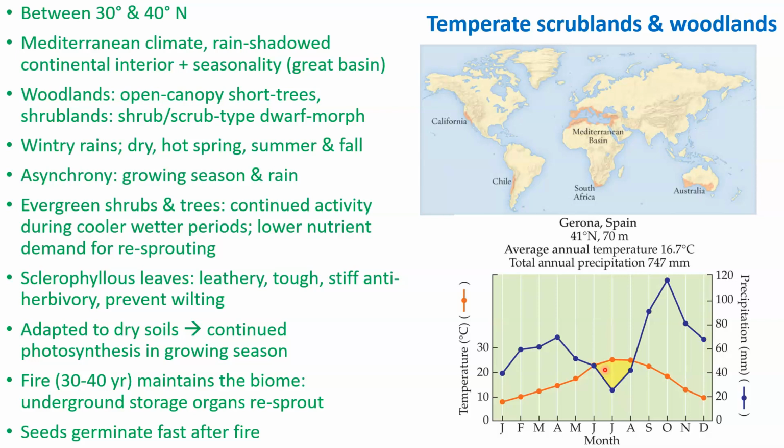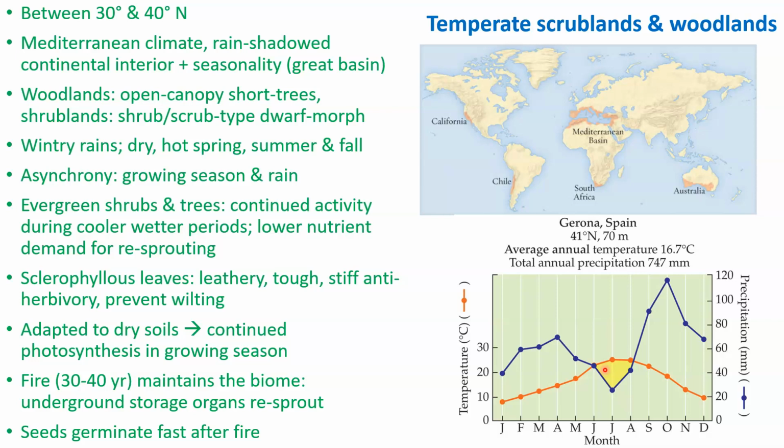So temperature might be favorable for growth, for biological activities, but there's less moisture. In winter, there's enough rainfall, enough moisture, but the temperature is too low. That mismatch between peak water availability and optimal temperature creates something called growth asynchrony, right?